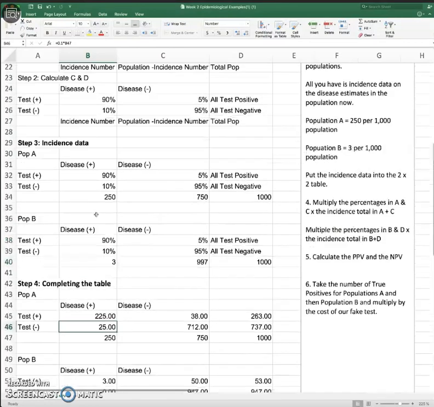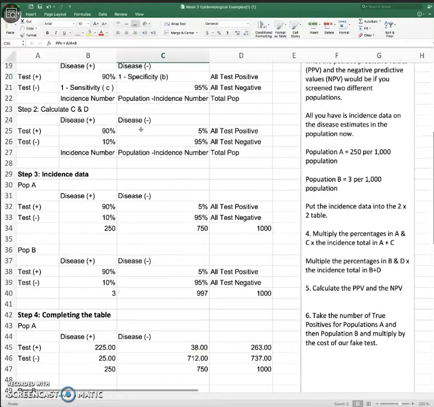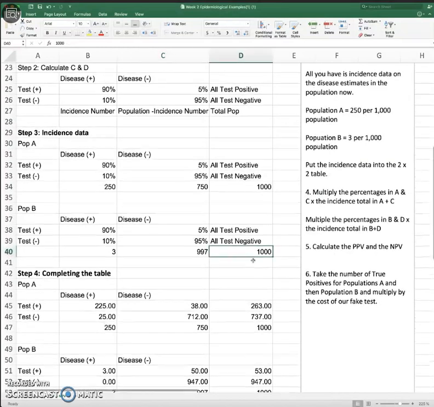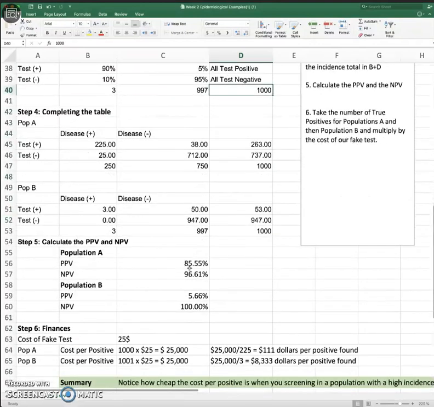Now, at the top of our table, you'll remember that these are the formulas for positive predictive value, or PPV, and negative predictive value, or NPV. As we scroll down in our table, you are going to notice that I have written these formulas into the Excel sheet, and that calculates the positive predictive value and the negative predictive value.